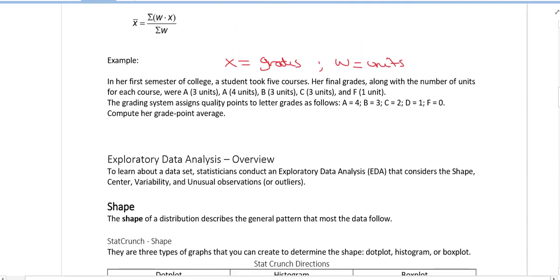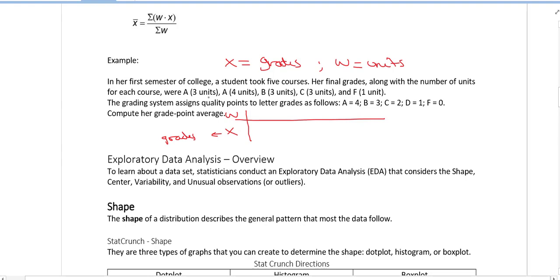So x bar in the weighted mean is the sum of the weights times the data value. So if the data values are her grades, let's try to put it in a little chart to visualize it. So I'm going to have the weights and then the x's. So the weights are the units and the x's are the grades.